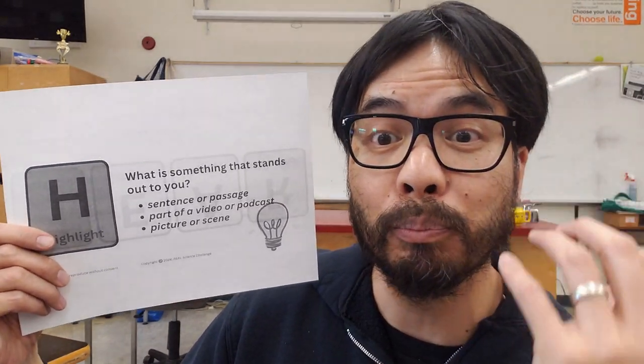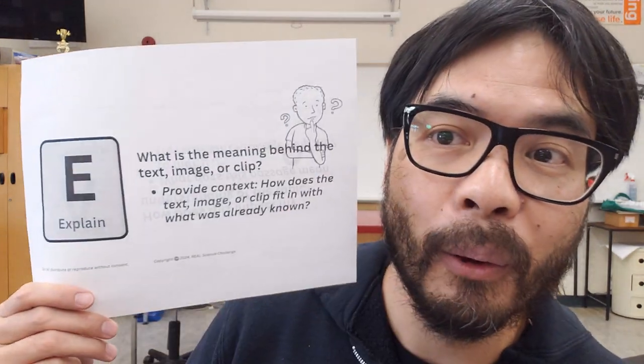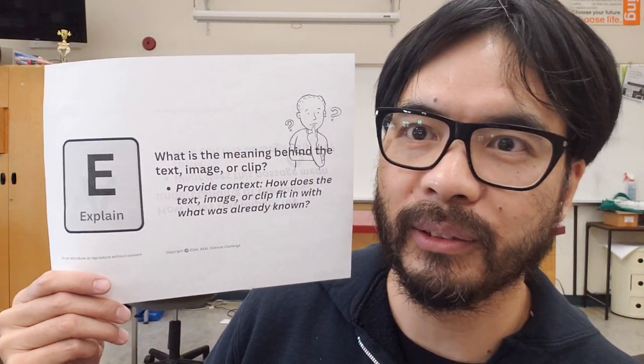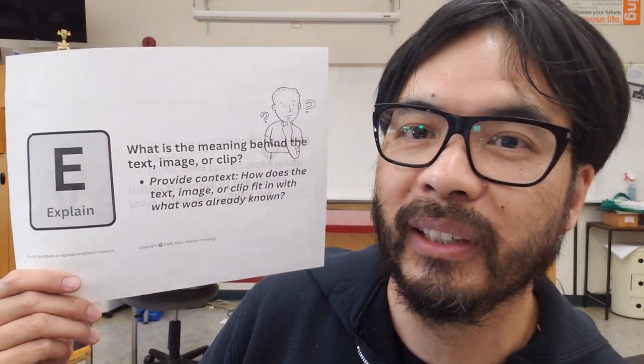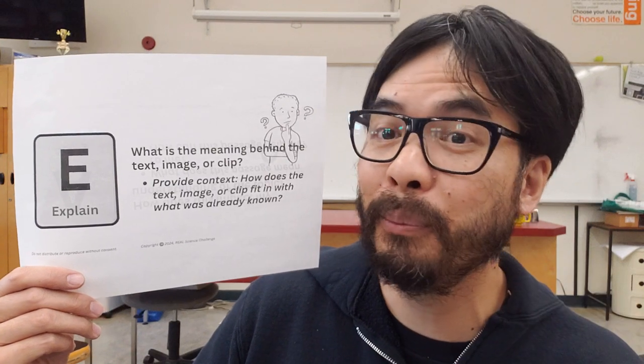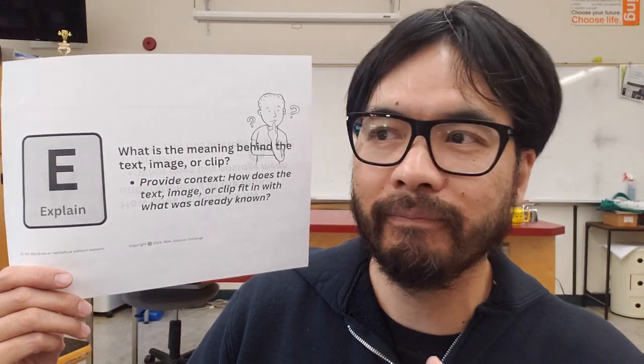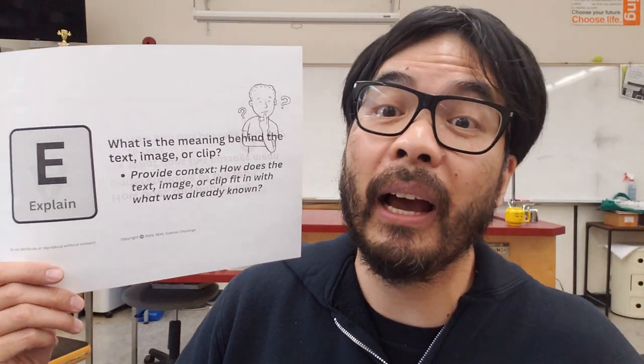This is what jumped out to me. Next, they have to explain what that quote means. Whatever jumps out to them, explain it to me. Give it some context. For example, what did people believe before what this person said is true? And what do people believe now that this new piece of information has come to light?